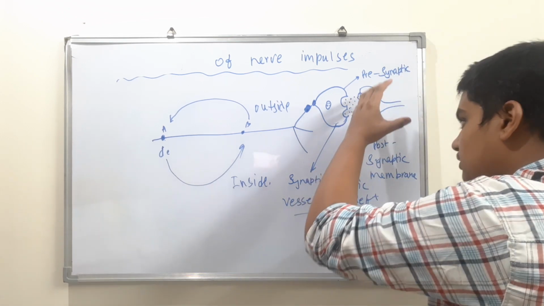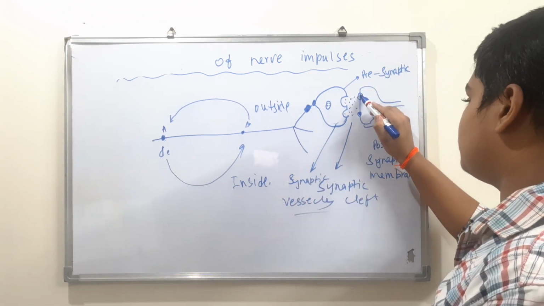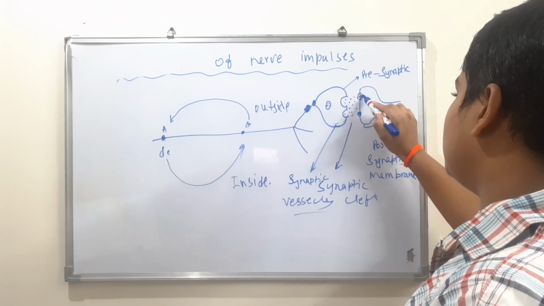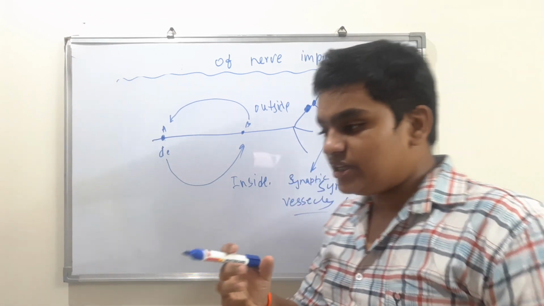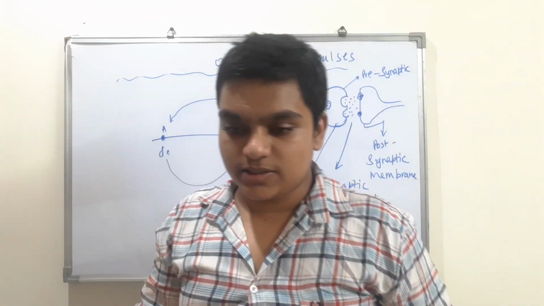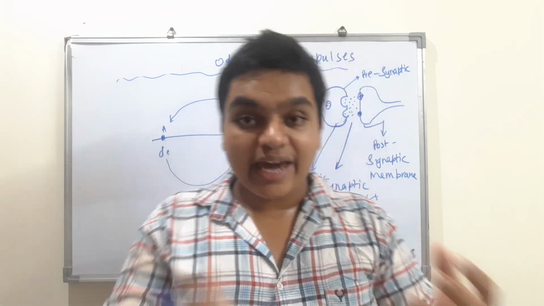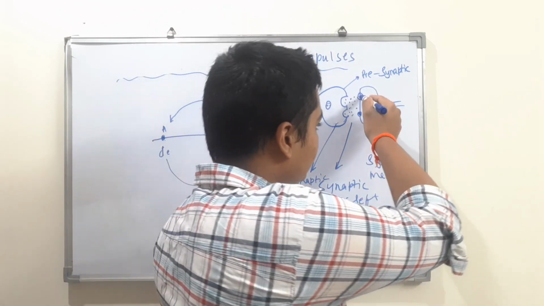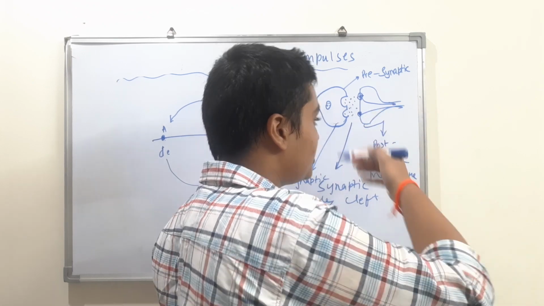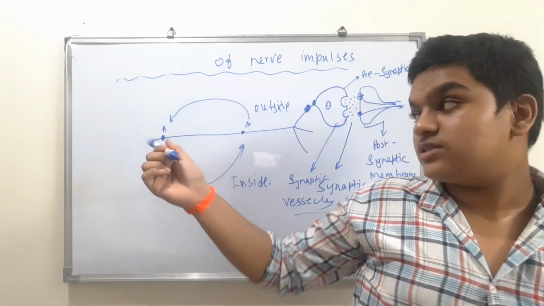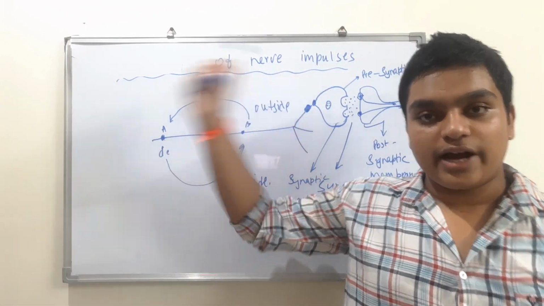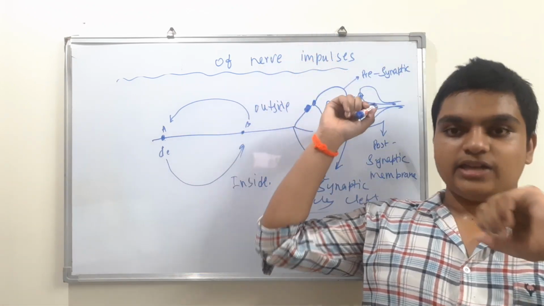and from these neurotransmitters, this chemical signal is converted again into a nerve impulse, and then it is again transported throughout the axonal membrane like this, current flow, and then again synapse.